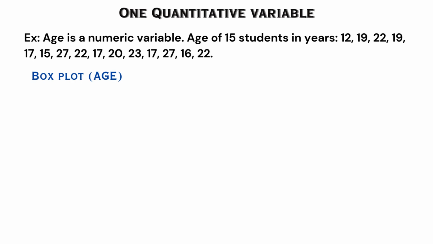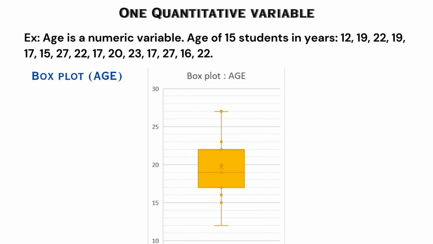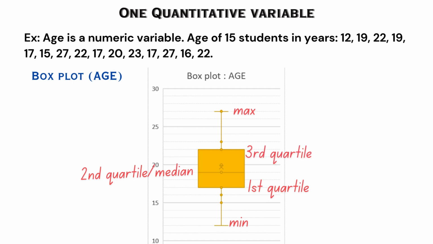Numeric data can also be represented on a box plot. The box plot shows the minimum, maximum, first quartile, second quartile or median, and third quartile. A useful graph to understand the skewness and dispersion or the variability of the data. Also, it helps to find outliers in the data.